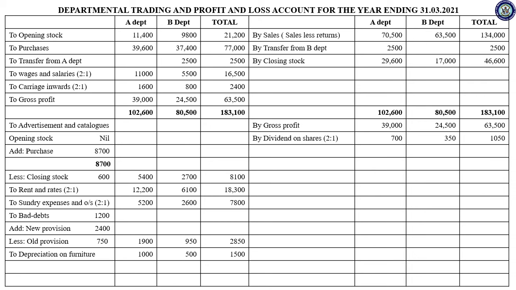So the difference will be net profit or net loss. Here your credit side is more, so it is net profit. Now you calculate the total and find the difference.